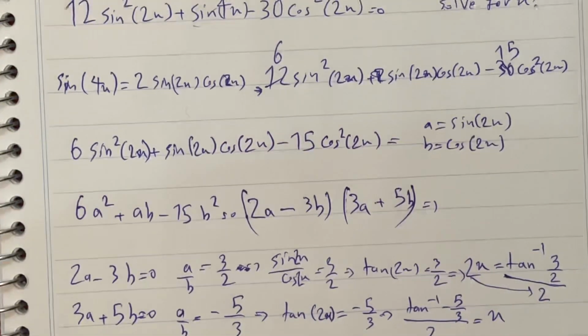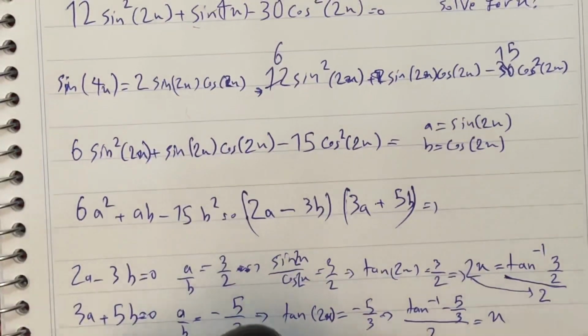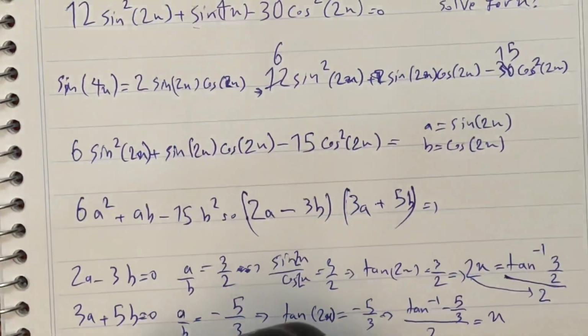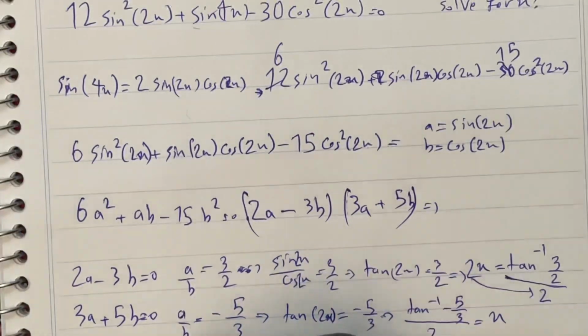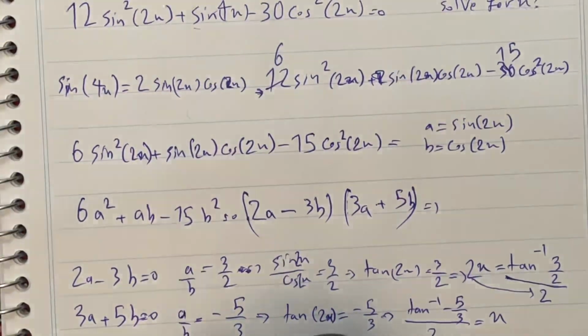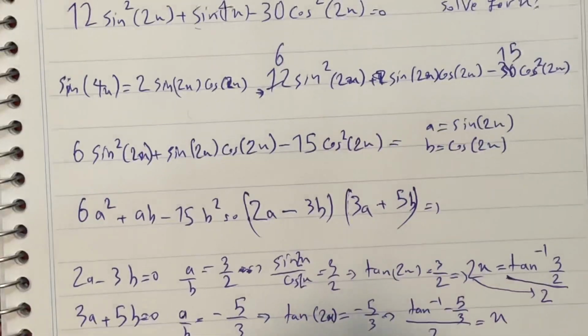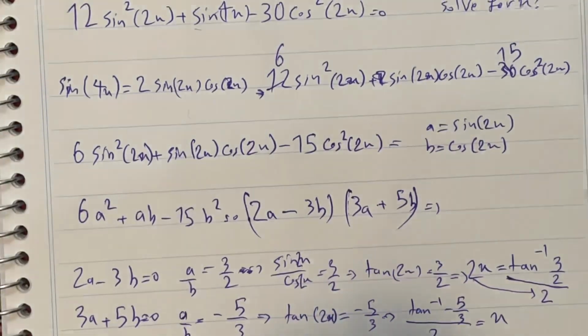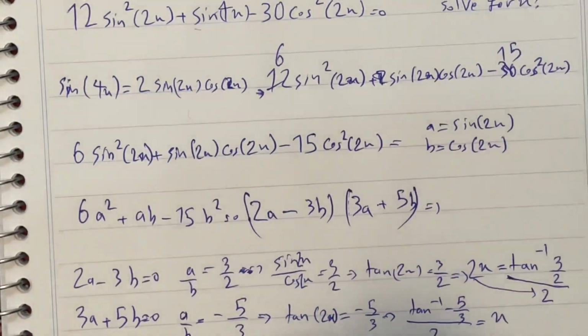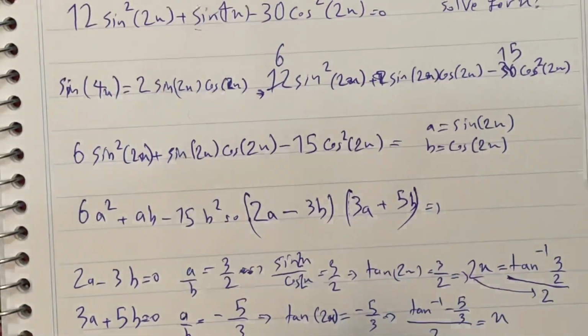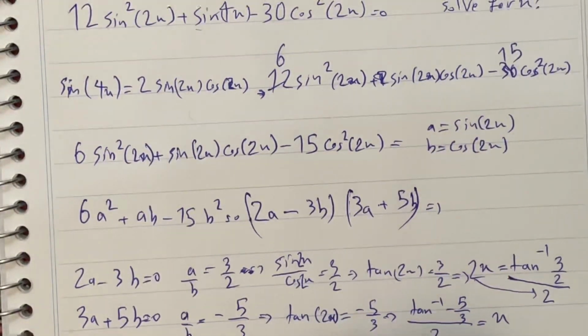So we found two values for x. X equals either tan inverse of 3 over 2, over 2, or the tangent inverse of negative 5 over 3, over 2.